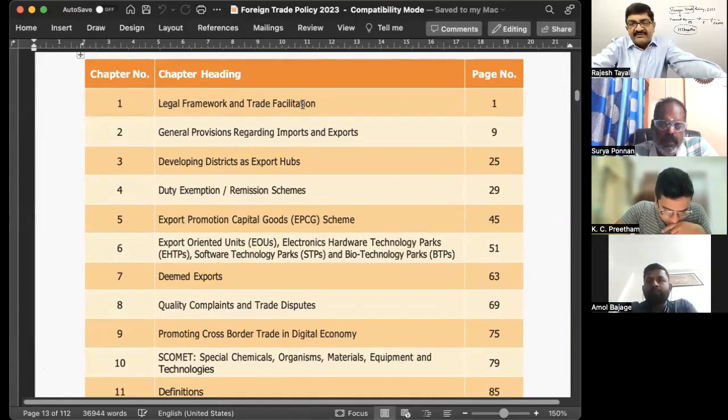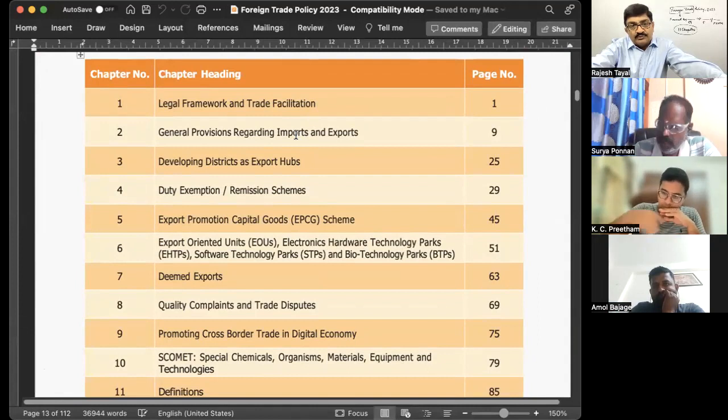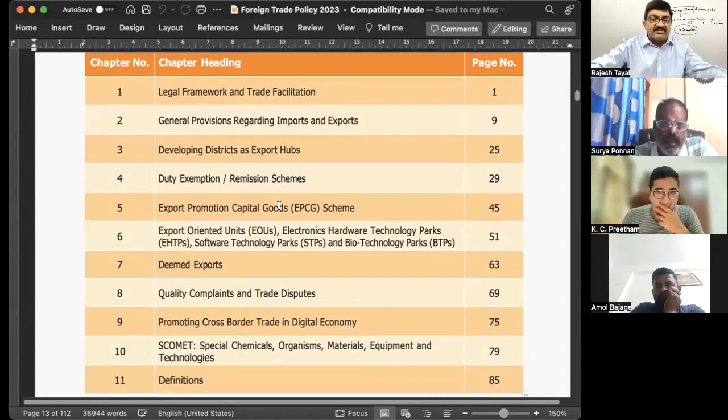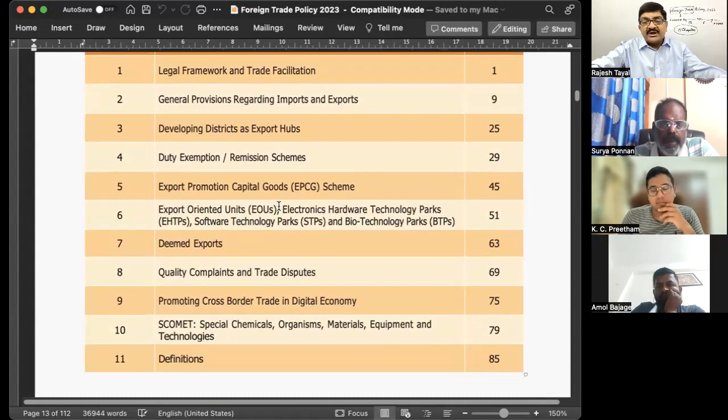Legal framework and trade facilitation, general provisions. Now mark important things. Chapter number 2, chapter number 3, 4, 5, 6. These are important chapters. Chapter number 9, that is something altogether new. It was never there before, so it also becomes important. Chapter number 9, promoting cross-border trade.